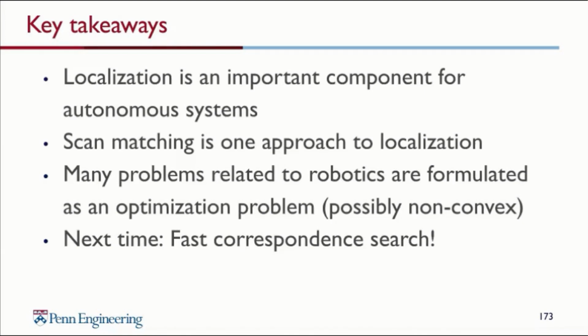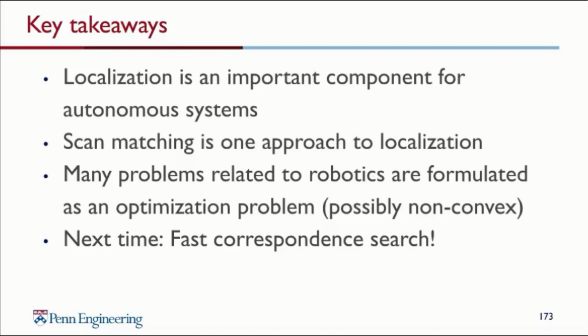Some key takeaways from today's lecture: localization is an important component for autonomous systems, and scan matching is one particular approach to localization. Another, more general takeaway is that many problems related to robotics are formulated as optimization problems.